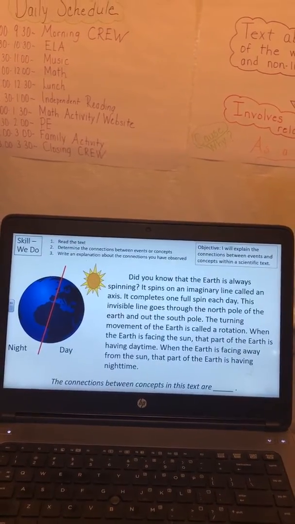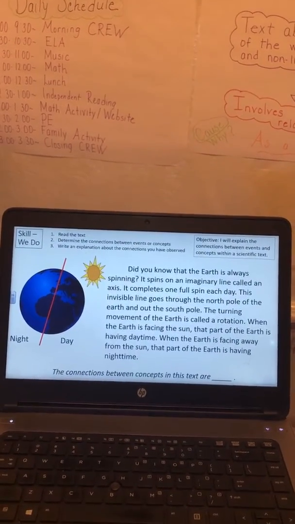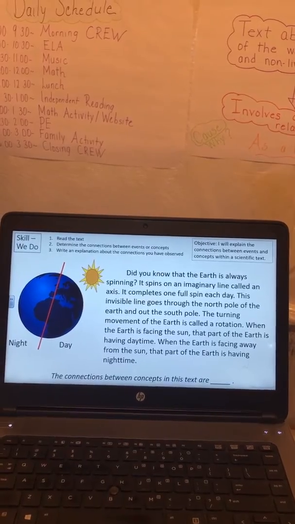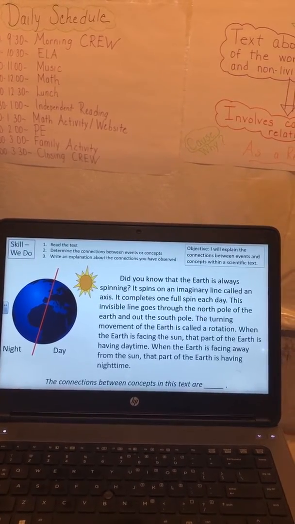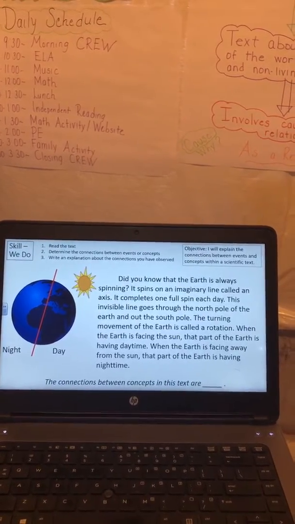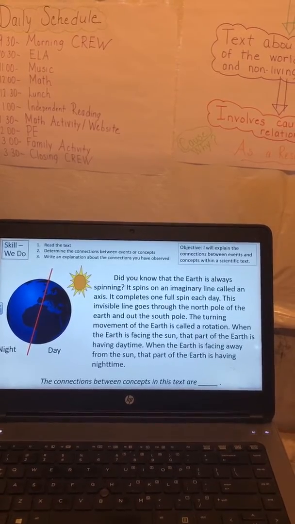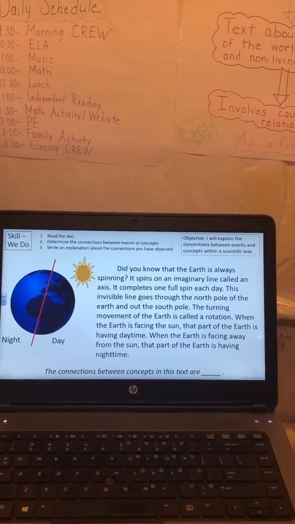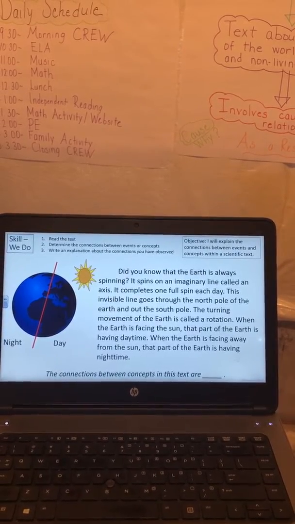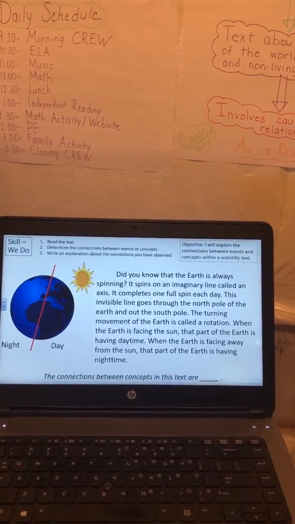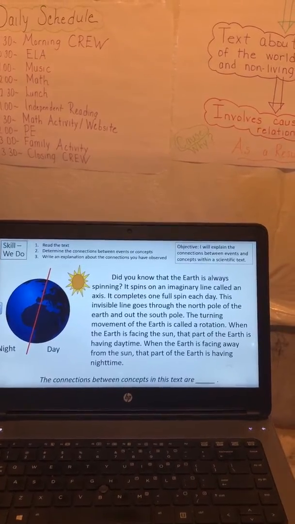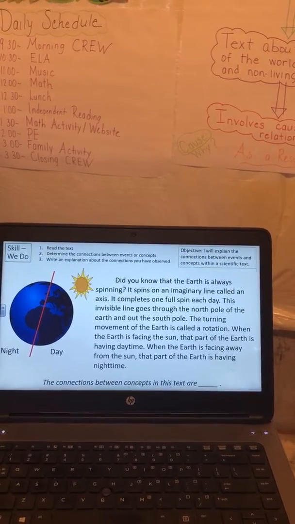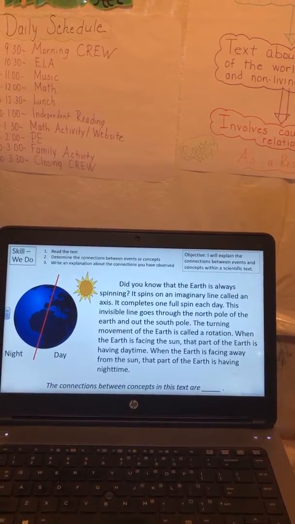All right, let's do one together. So go ahead and get out either your ELA journal or a piece of paper or something to write on. We're going to be doing 3 things with this. We're going to read the text. We're going to determine the connections between events or concepts, and then you are going to write an explanation about the connections you have observed.